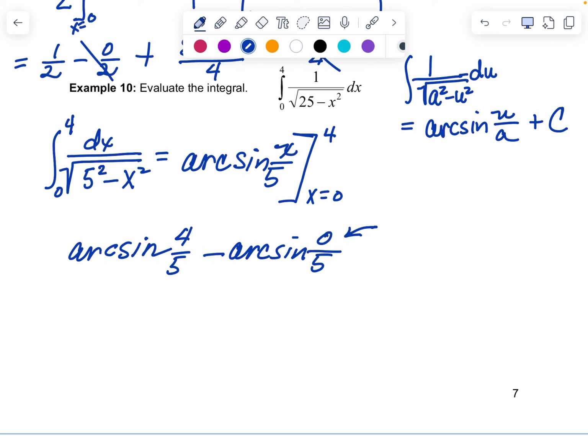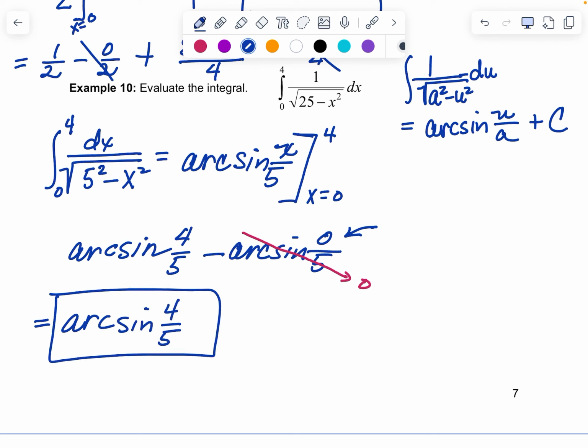Now, this one is going to be the arcsine of 0, so that one's just going to go, the angle whose sine is 0 is 0, right? And then your final answer is going to be arcsine of 4/5. There you have it. There you go. There it is.